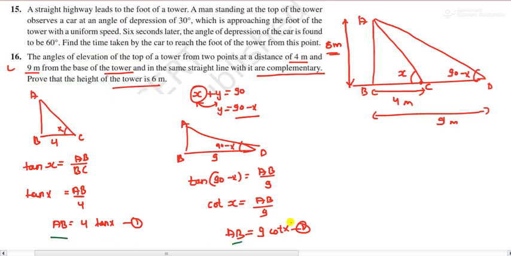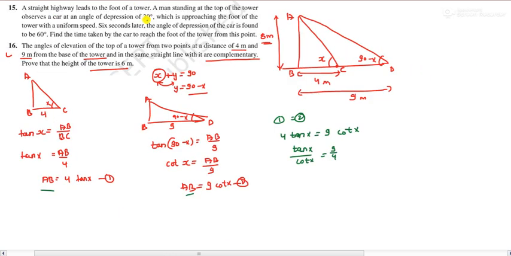Equating 1 and 2, since both of them are equal, AB, AB. So I can write 4 tan x is equal to 9 cot x. We'll bring tan and cot to one side, and the number to the other side. So here you'll get tan x into 1 by cot x, which is equal to 9 by 4.